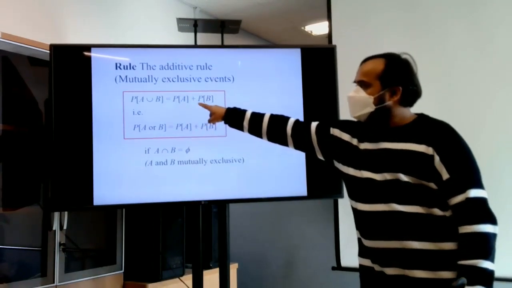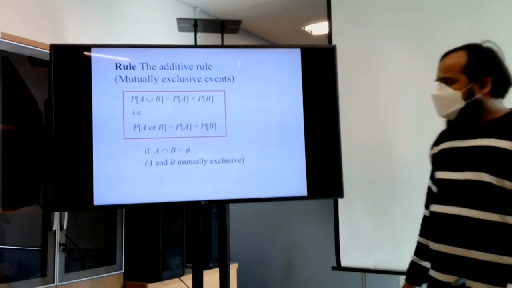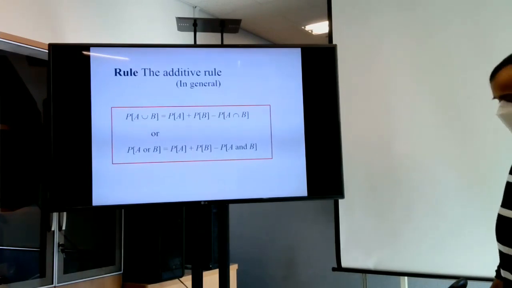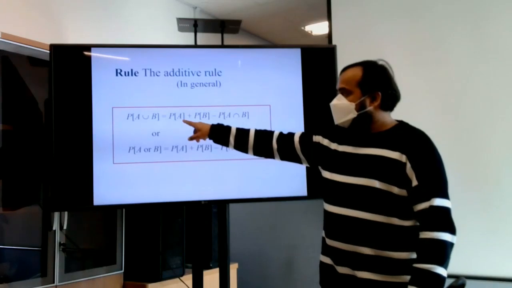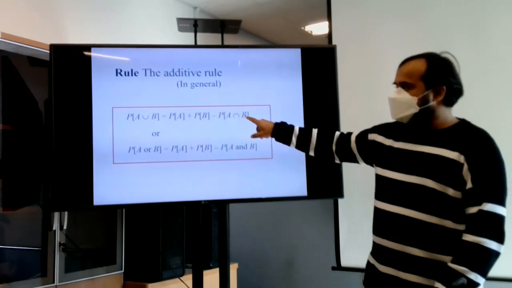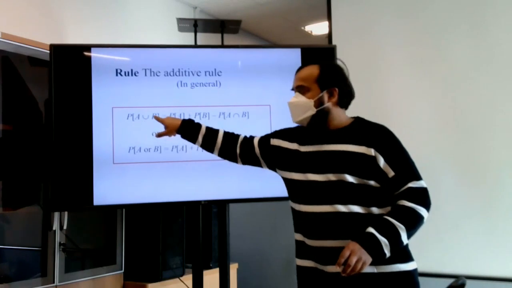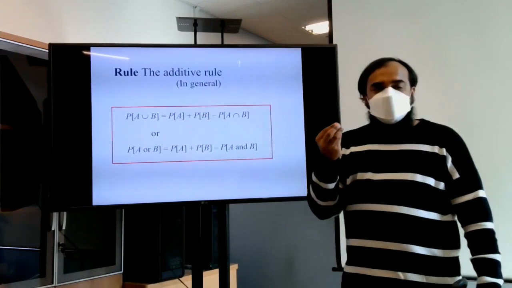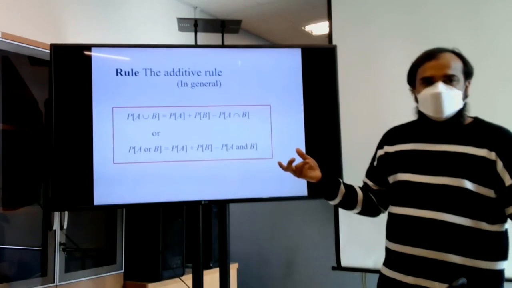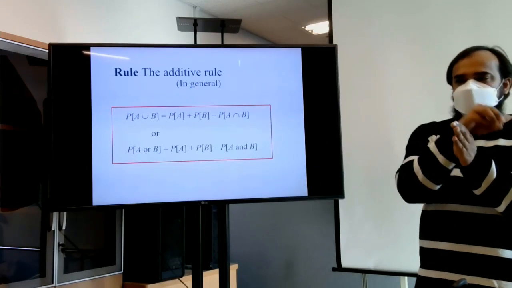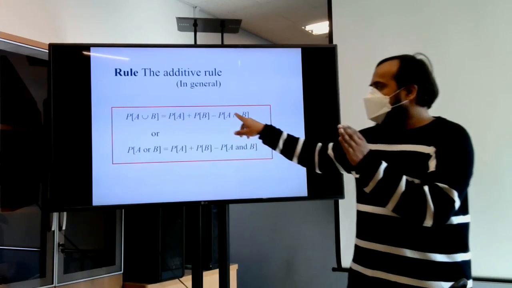In general, probability of A union B equals probability of A plus probability of B minus probability of A intersection B, because when we make two events together, there is at least one value common in both sets, and when we merge two sets together, that common value is counted twice. So we have to subtract this thing.